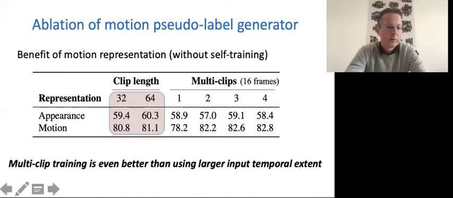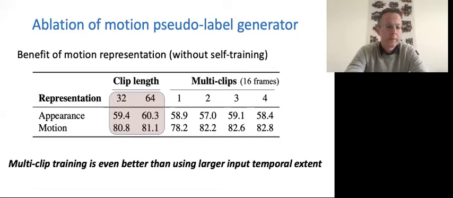So for example, compare the 64 frame clip length over here, which scores 81.1 in terms of motion representation. And if we have only 2 clips already, which is 32 frames in total, we surpass this 64 frame clip length.